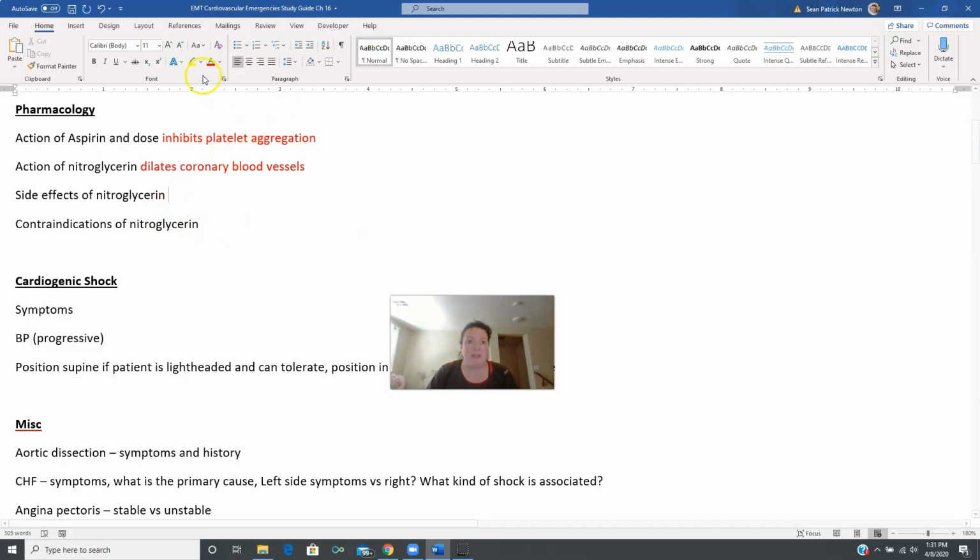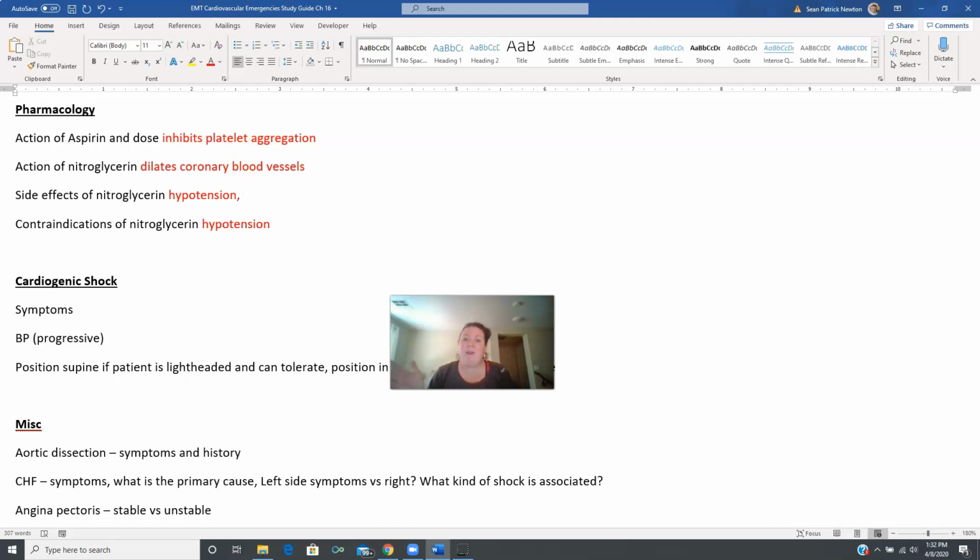Side effects of nitroglycerin. Hypotension. That's why it's a contraindication. We can expect a drop in the blood pressure when we give nitroglycerin.